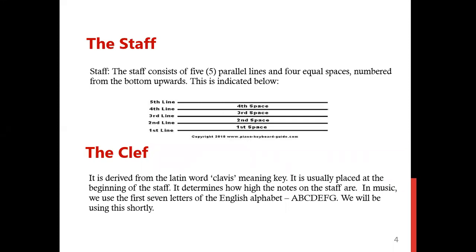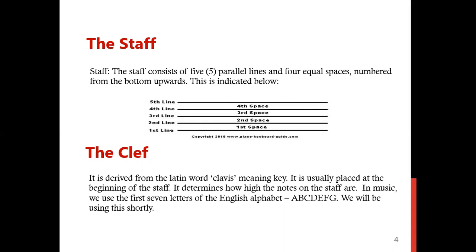Initially, if you look at a music song sheet, you will see it full of lines and spaces. Those lines constitute what we call the staff. So what is a staff? A staff consists of 5 parallel lines and 4 equal spaces, numbered from the bottom upwards.